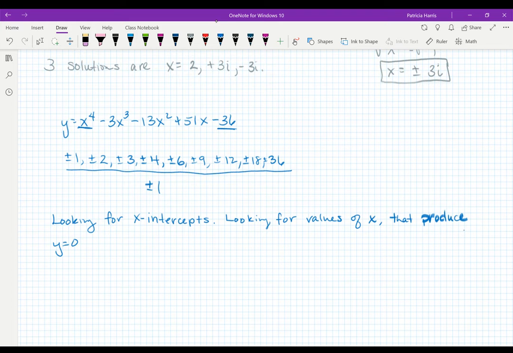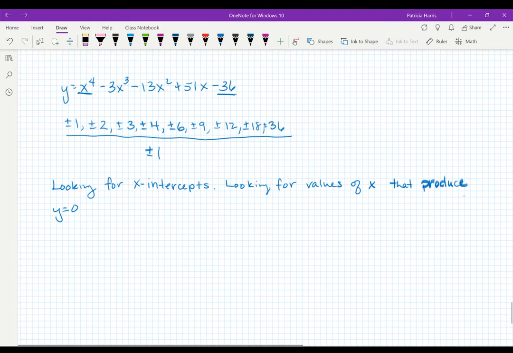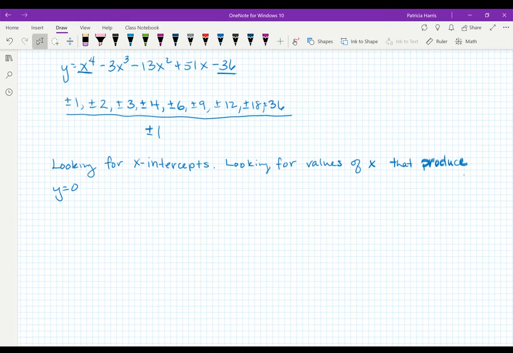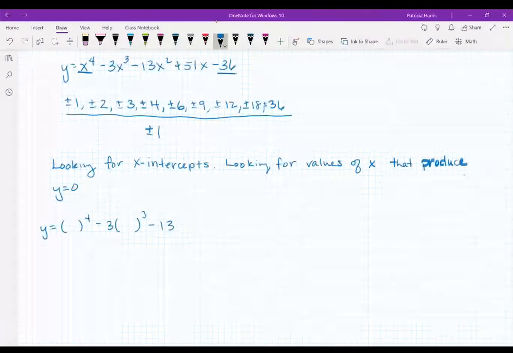That's what you're looking for. So we're going to plug in a 1 and see if that gives us a 0. Hopefully it does. Wherever you see an x, you're going to put a 1.